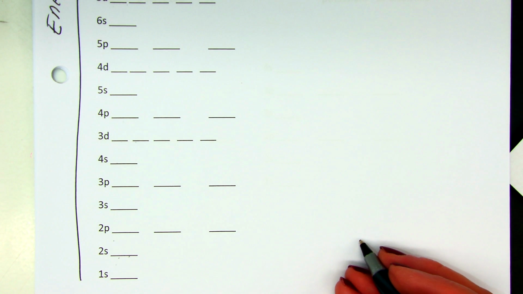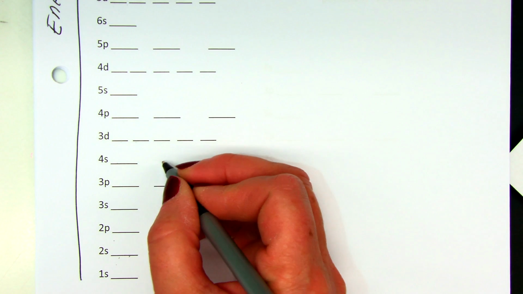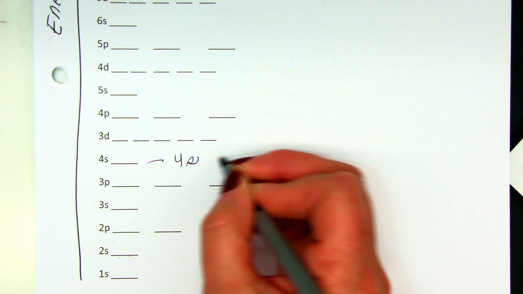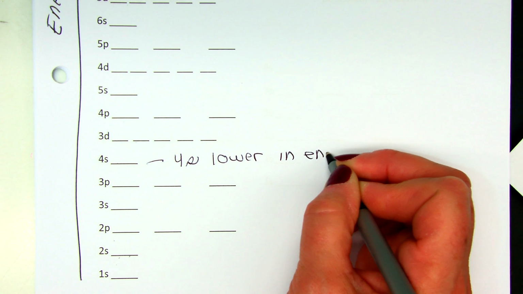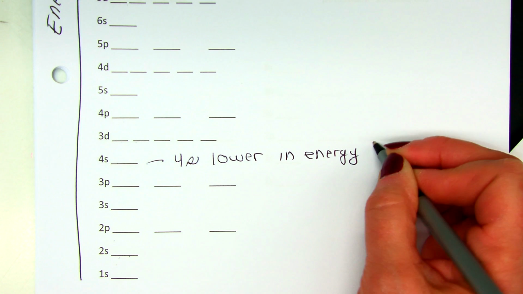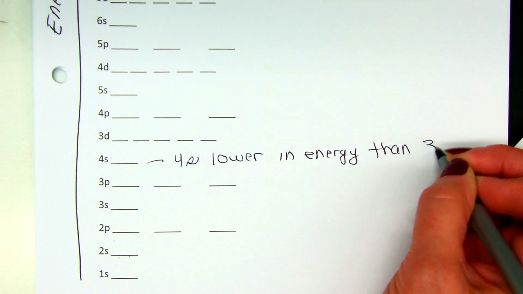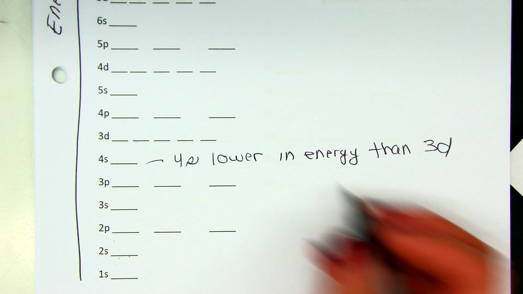When you look at this, you say, oh my goodness, it gets really crazy. I'm going to explain why it gets really crazy and how to keep track of it without driving yourself crazy. Here, the 4s is lower in energy than the 3d, and because it's lower in energy, it will fill first.